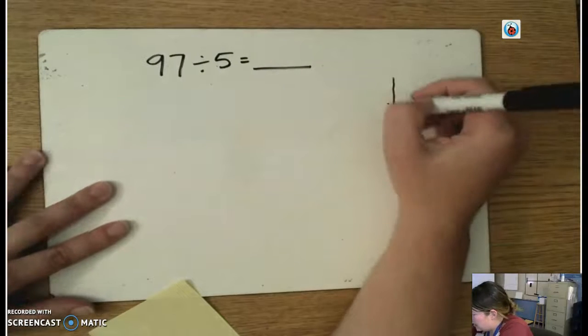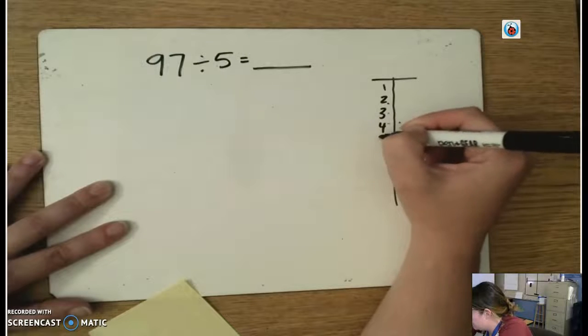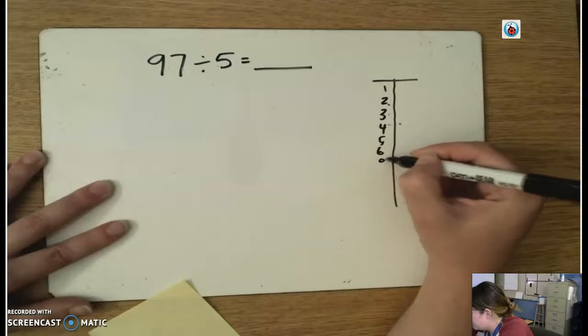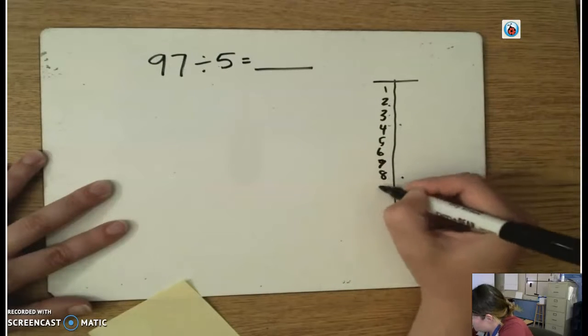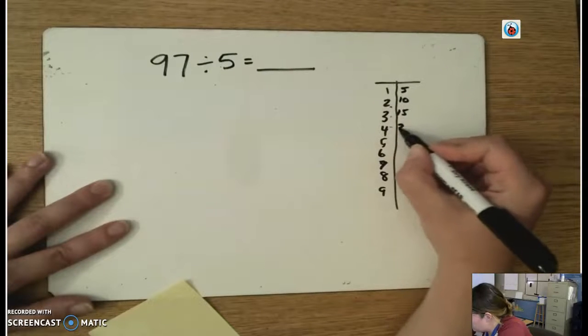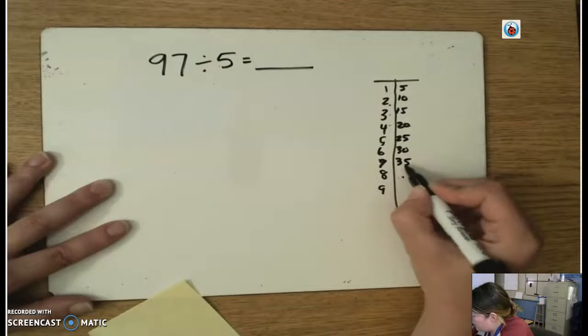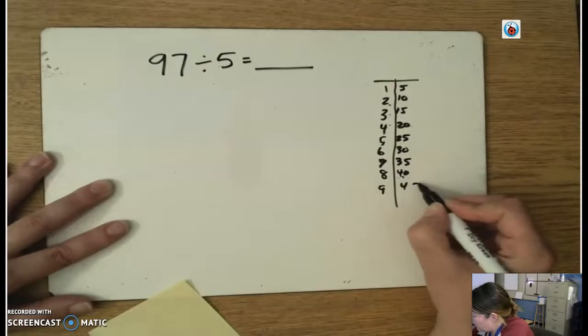Well, I know I'm going to need to know my groups of 5, so I might as well list those all the way down to at least 9. So we have 5, 10, 15, 20, 25, 30, 35, 40, 45.